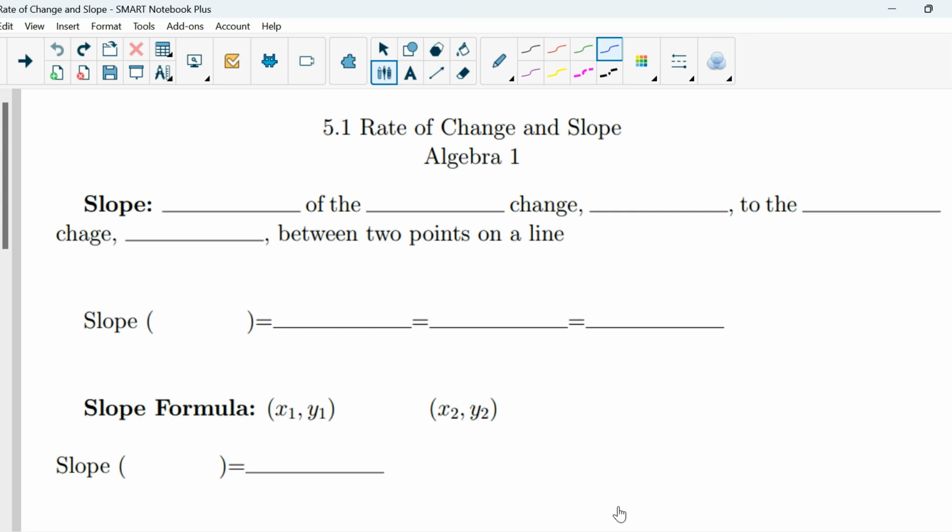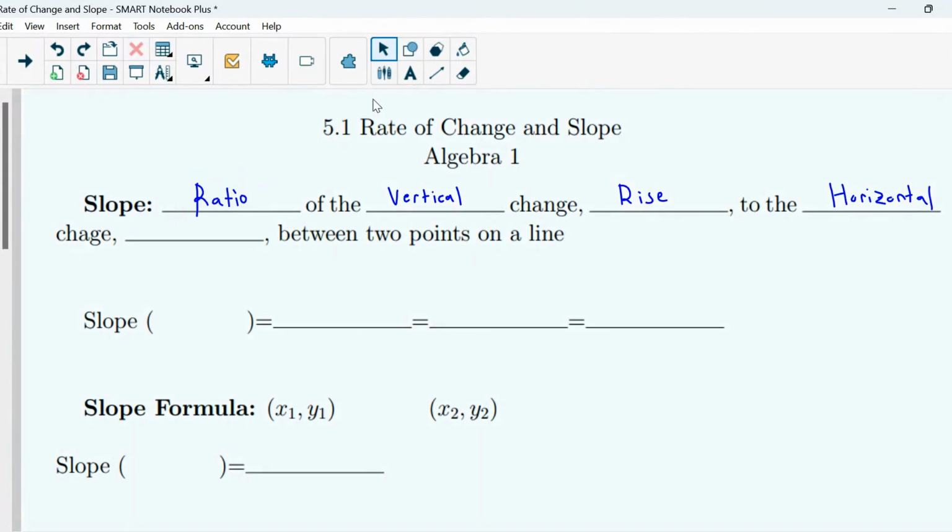So slope, or rate of change, is the ratio of the vertical change, which we typically call rise, to the horizontal change, which we call run, between 2 points on a line.